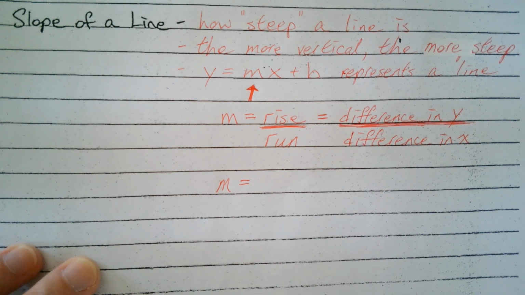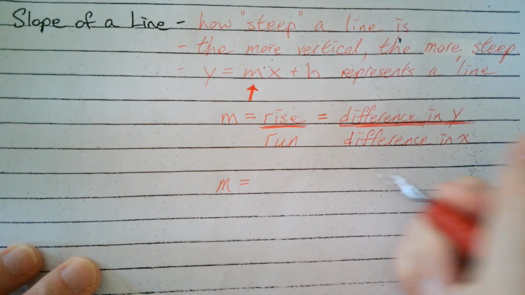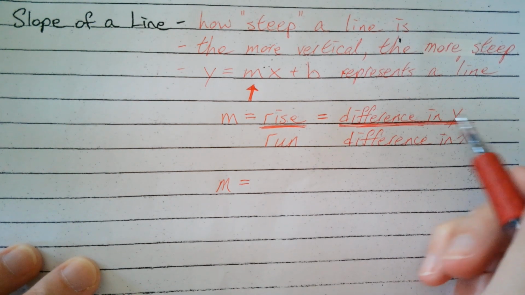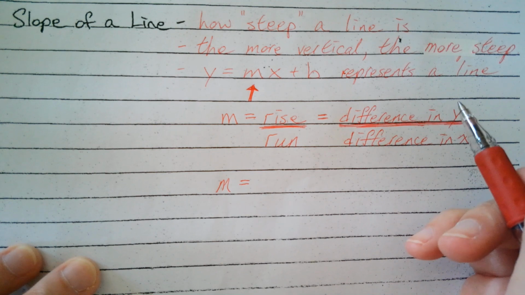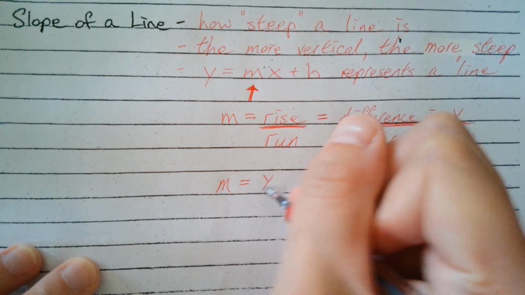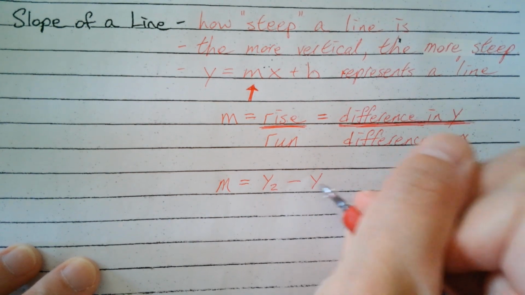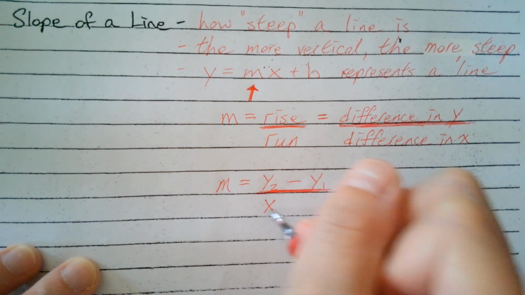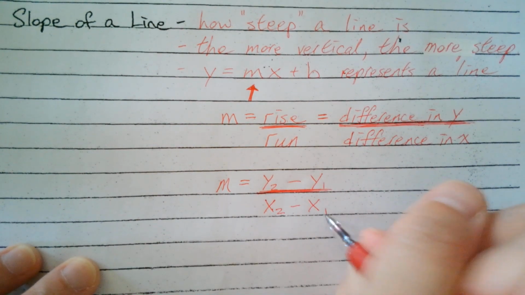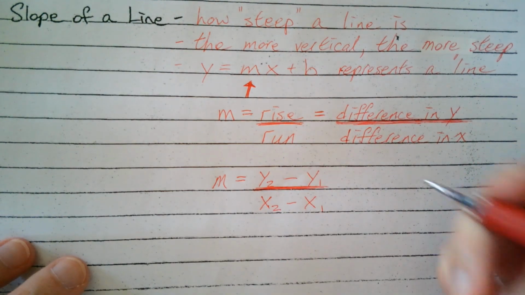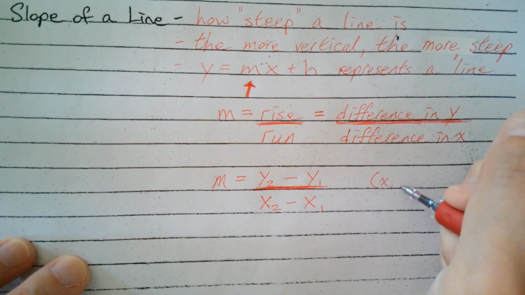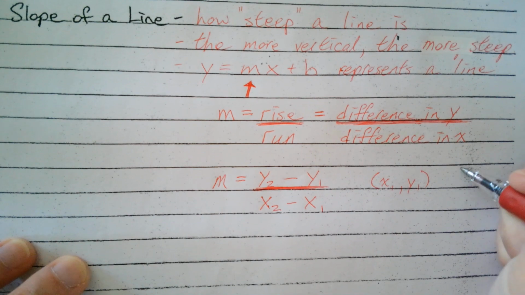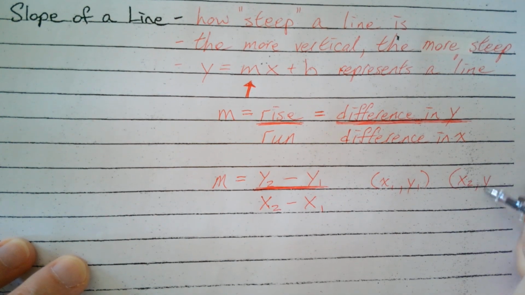Okay, I like that. You guys have the right idea. But remember, it's the difference in y. So what should be on the top? The y's, right? So y2 minus y1 over the difference in x, so x2 minus x1. Given the 2 points, x1, y1, and x2, y2.